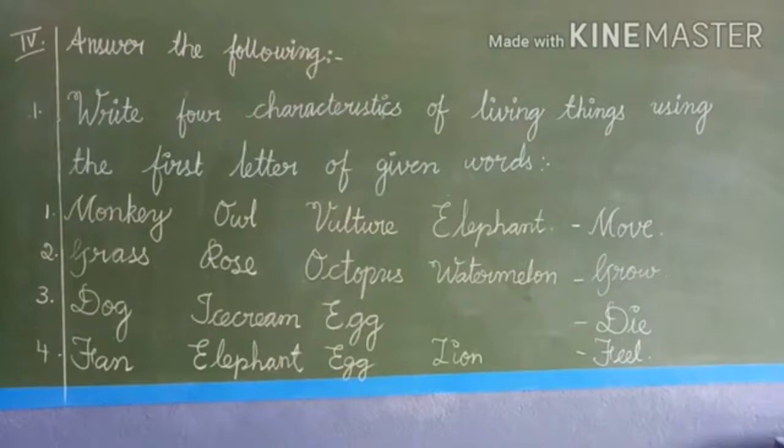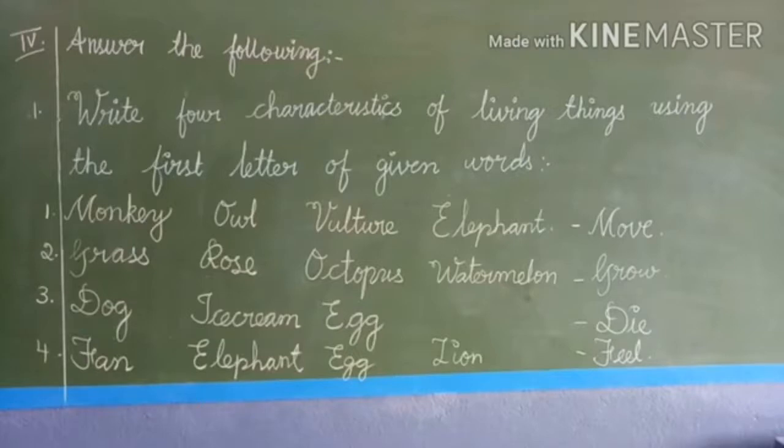Here, characteristics means features of living things, right? So let's start with the first question. M from monkey, O from owl, V from vulture, and E from elephant. So now you will get the answer move. You understand, children?